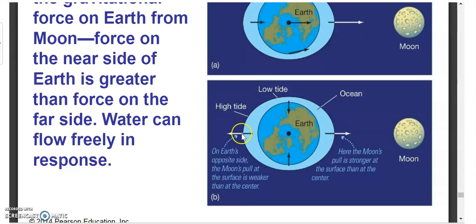The high tide that is roughly 12 hours later on the opposite side of the Earth: why is all the water bulging in this direction? At first it doesn't really make sense, and so the reason has to do with this.